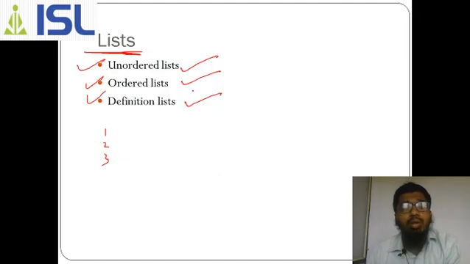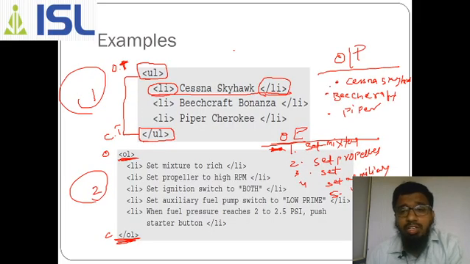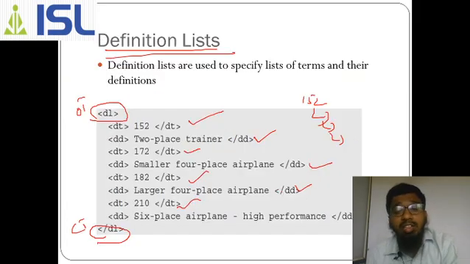Okay, and we saw the ordered list, unordered list, definition list. Unordered list means it will display points like this, and ordered list means it will give 1 2 3 or A B C D, or Roman number 1, 2, 3, 4, okay, like this.